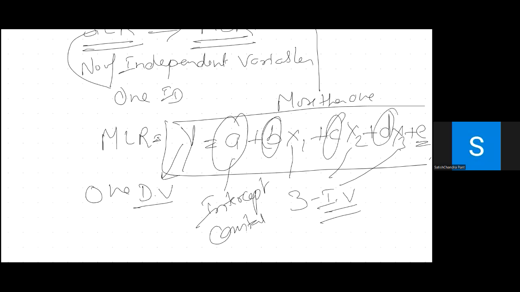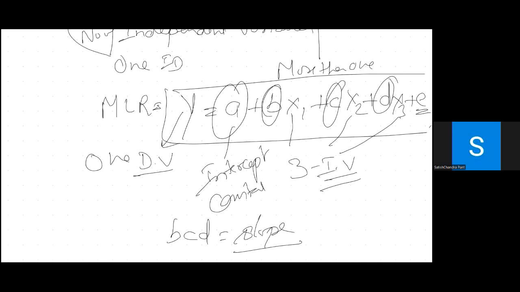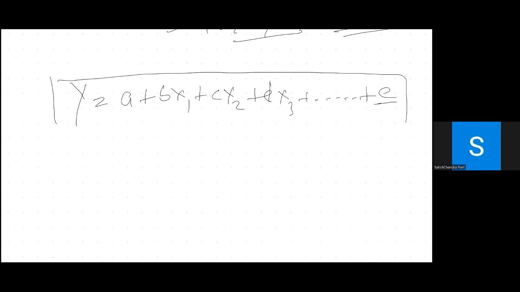B, C and D are the slopes, right? And e is equal to the error term. Now let's try to understand the interpretation of this multiple linear equation: y is equal to a plus bx1 plus cx2 plus dx3 plus a number of other variables plus error, right?